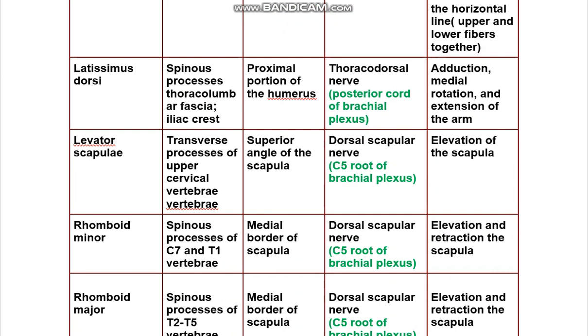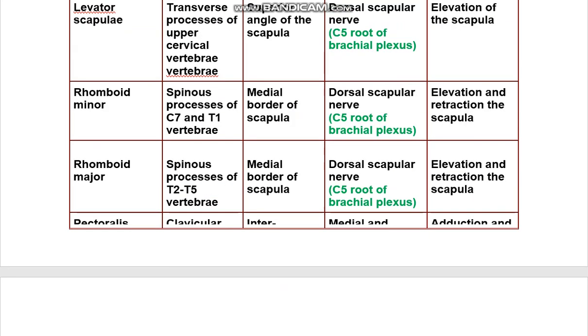Now, the levator scapulae is innervated by the dorsal scapular nerve, or C5 root of the brachial plexus. Levator scapulae does exactly what it says in the name. It elevates the scapula.